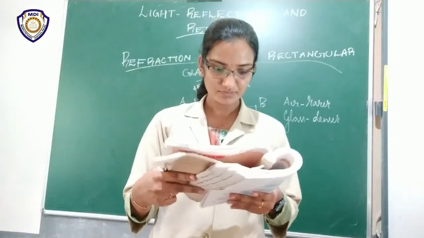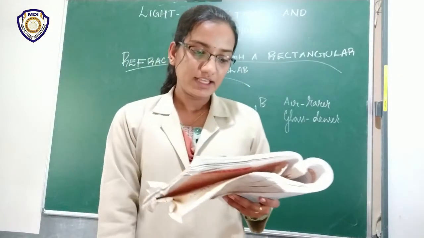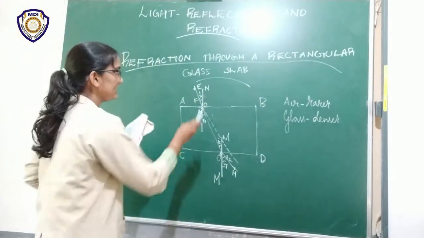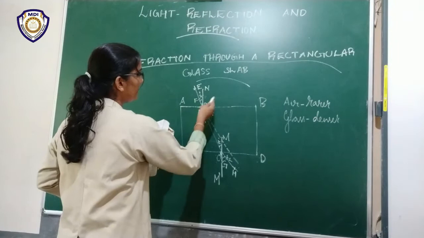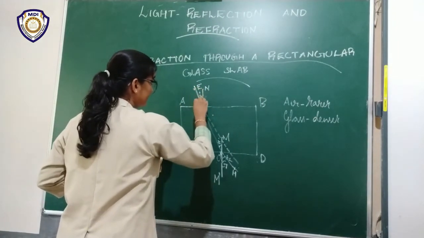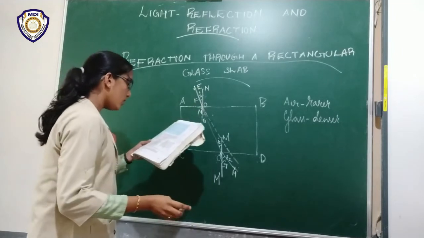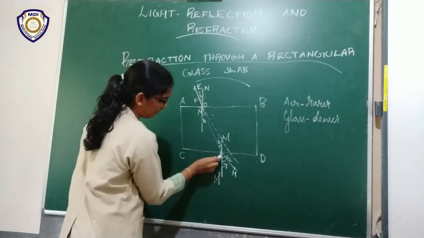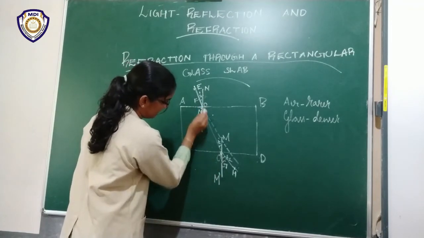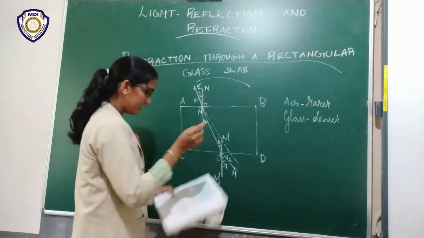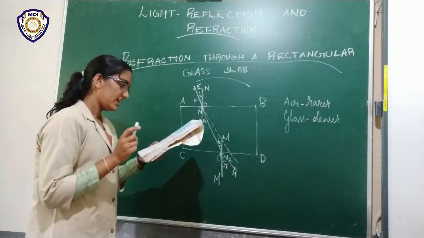In this figure, EO is the incident ray. OO dash is the refracted ray.